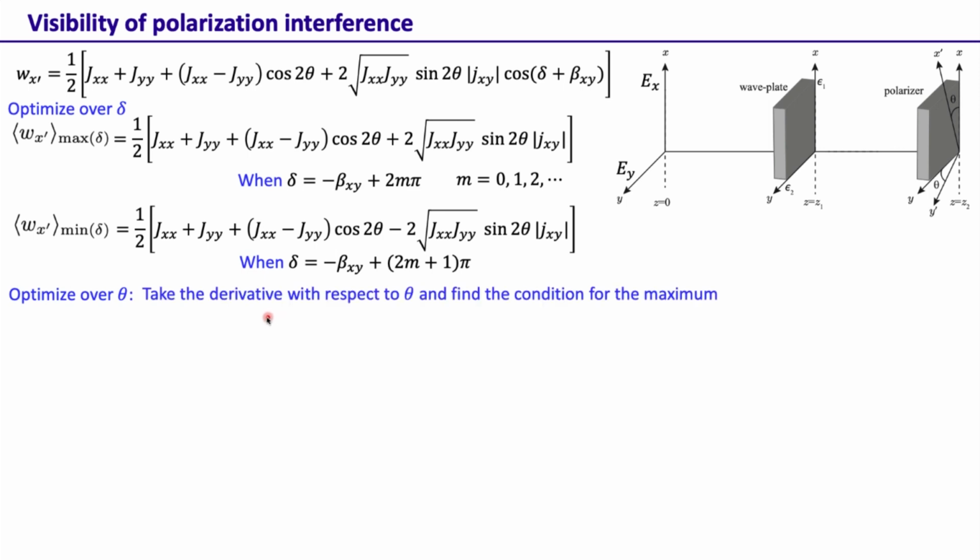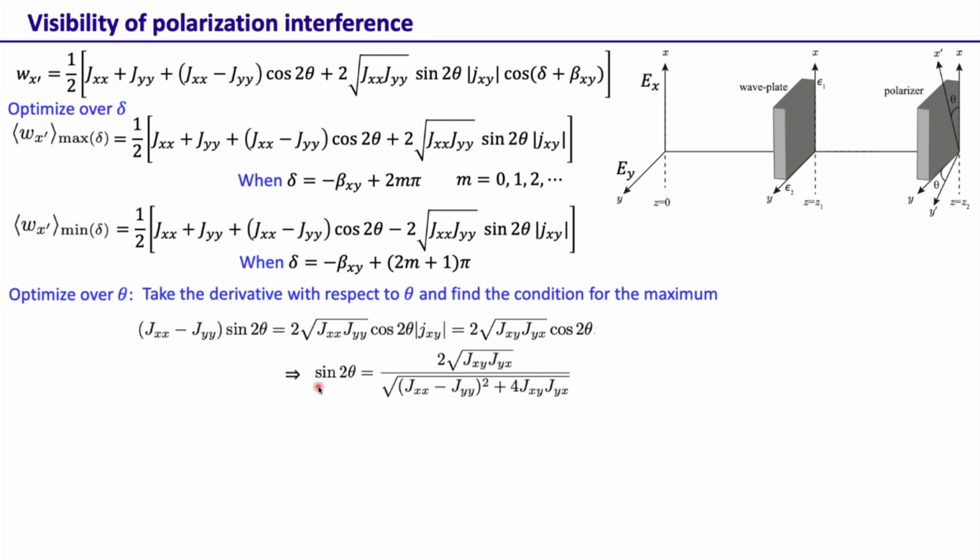So for that we take the derivatives of this quantity. For example, we take the derivative of this one with respect to theta and first find the condition for the maximum, which will then give us the maximum over delta and theta. The condition will be this simple one: (jxx minus jyy) sine 2 theta equals twice the square root of jxx jyy times cosine 2 theta.